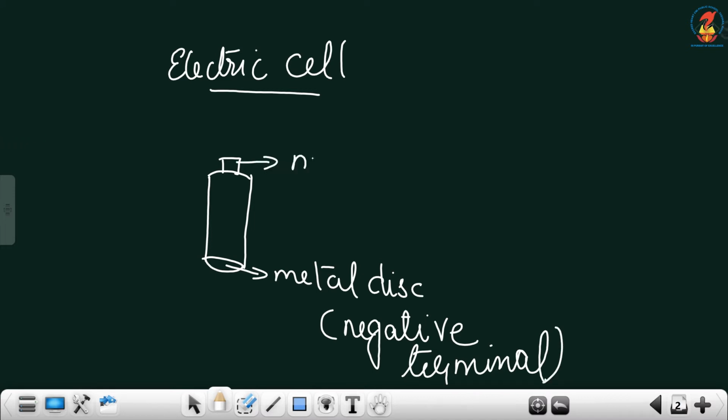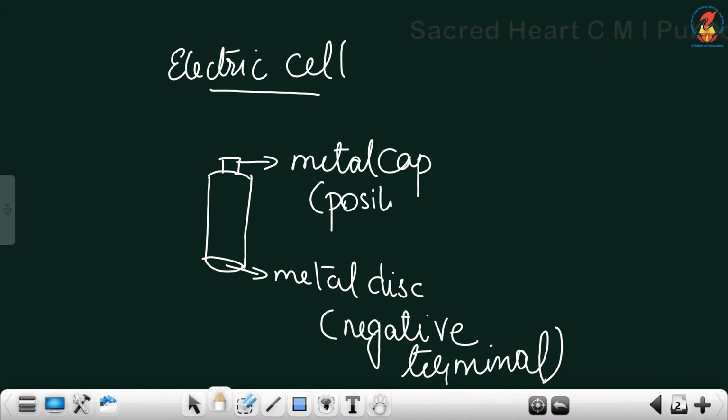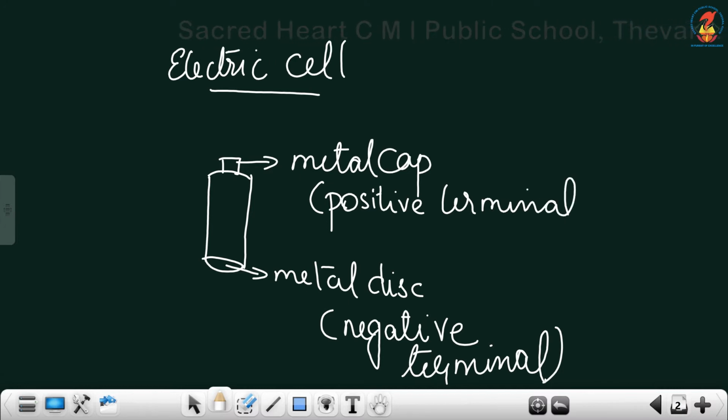This one is a metal cap that acts as the positive terminal. We will represent it with a positive sign and here a negative sign.